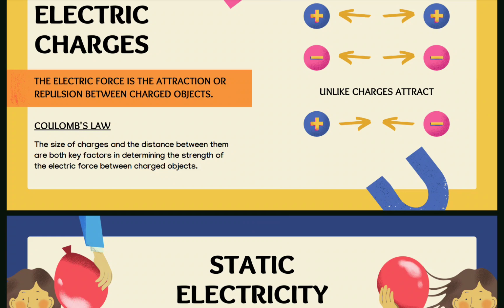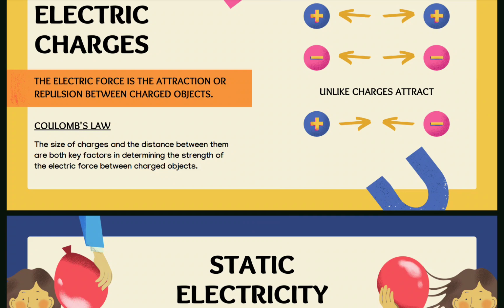I'll just explain the statement he made, and then we'll discuss the terms and conditions used in the statement. Coulomb's law states that the size of charges and the distance between them are very important factors in calculating the strength of electric force between charged particles. Now, don't get confused. It is not as difficult as it sounds.